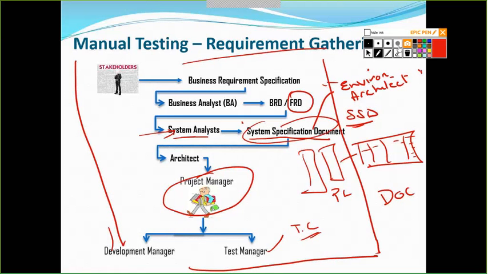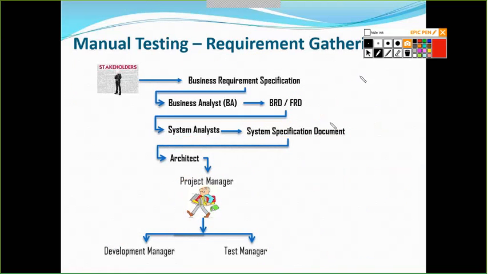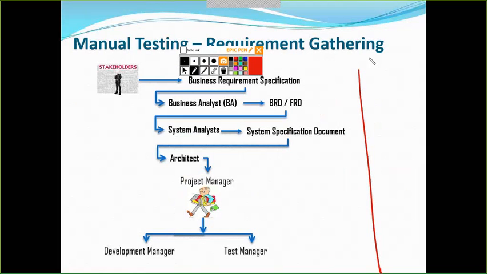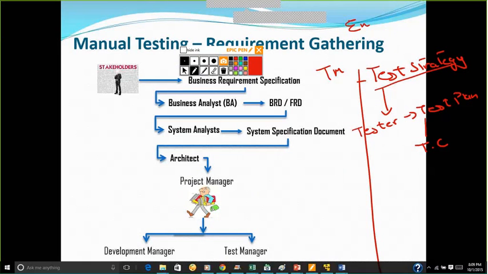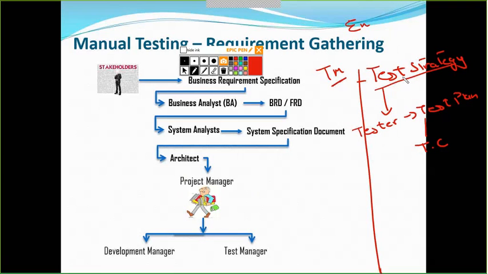Now, what are the documents that you guys will be preparing? For the testing team, you will prepare a test strategy. As a testing team, we will start with a test strategy, right? The test manager will prepare the test strategy, the tester will prepare the test plan based on the test strategy, and then you will start working on the test cases.